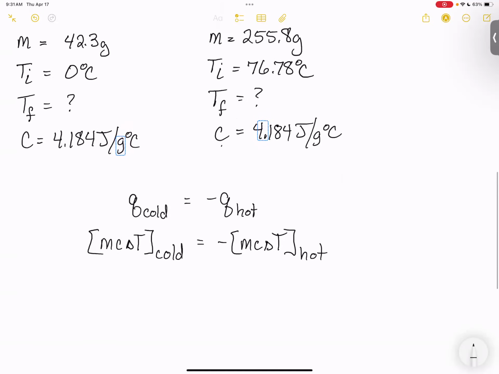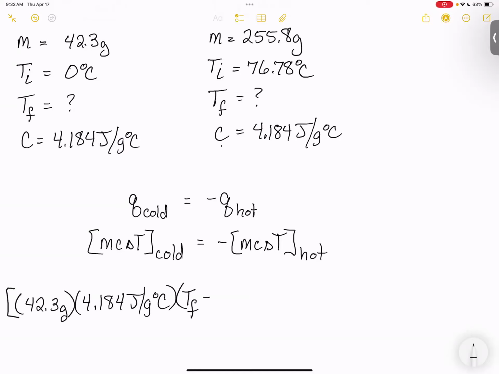Now I'm ready to plug the data in. So I start with the cold, mass at 42.3 grams, times the specific heat of the cold, which is 4.184 joules per gram degrees Celsius, times T final, which we need to solve for, minus T initial, which is 0 degrees Celsius.